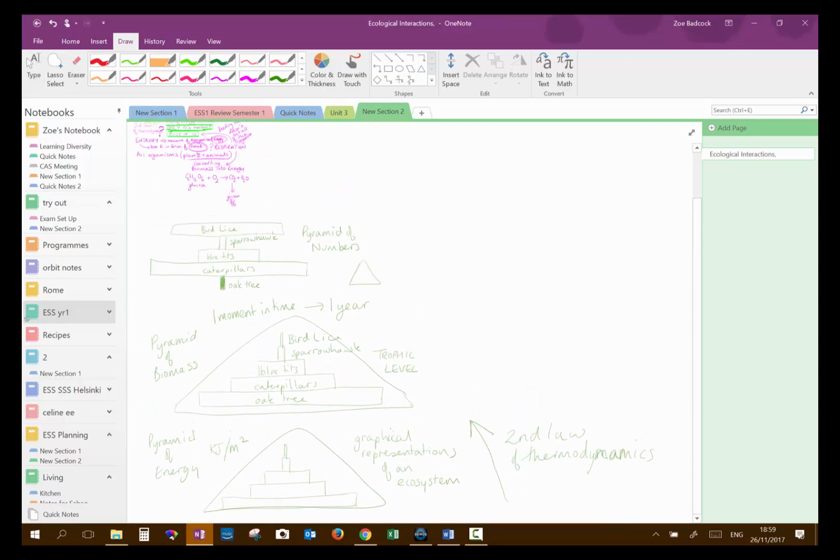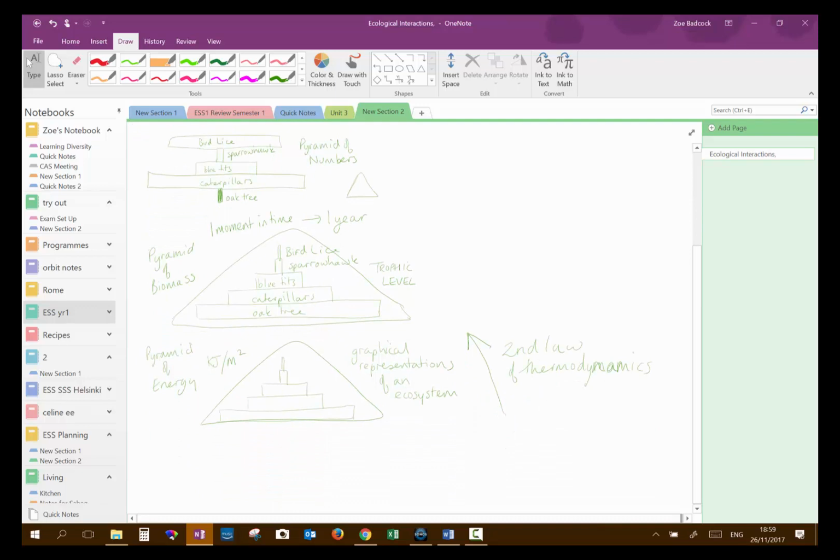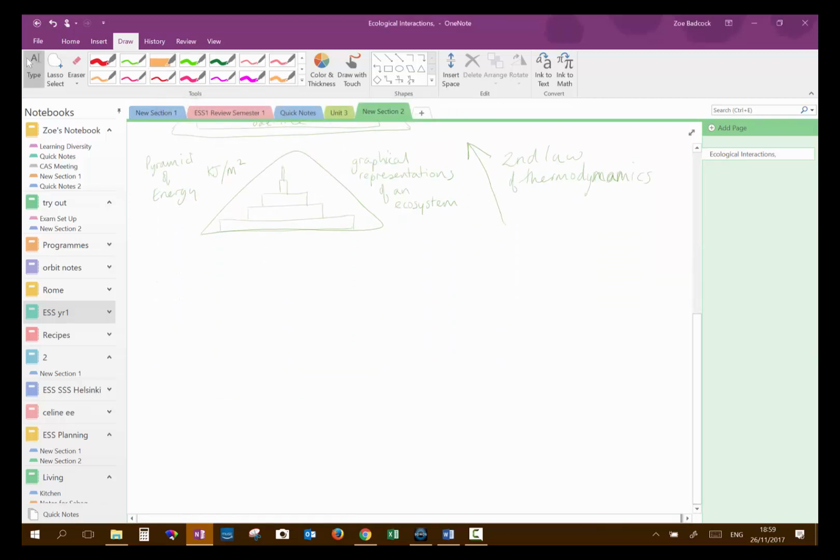The pyramid of numbers helps us to also think about what we're going to move on to next, where we're going to look at some of the consequences of what we've just been looking at.